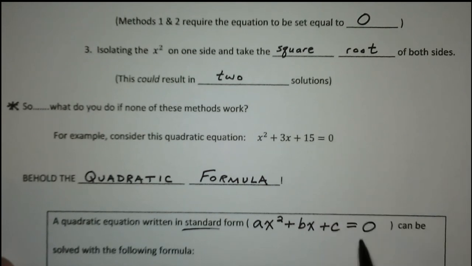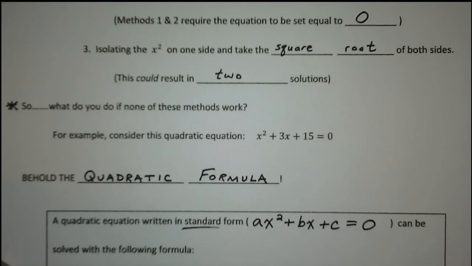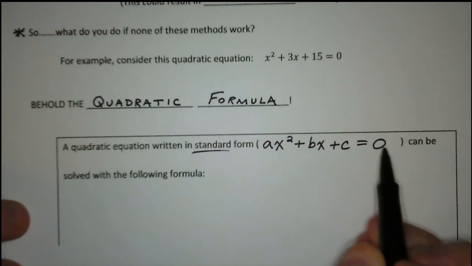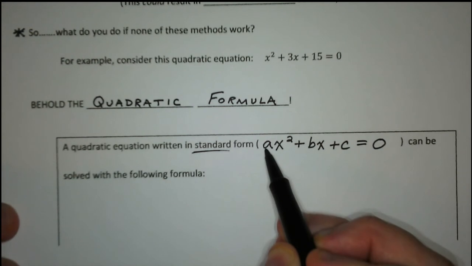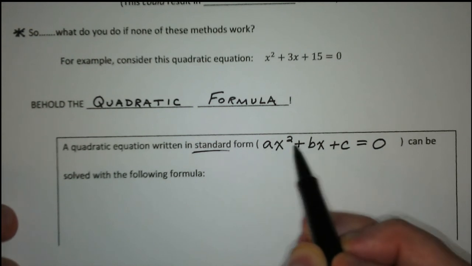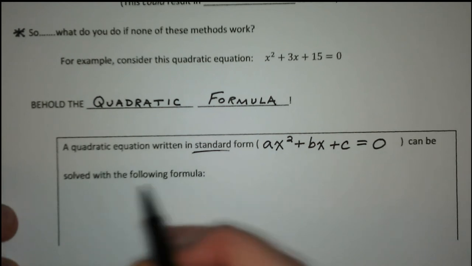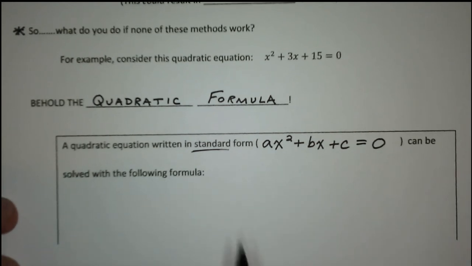It's equal to 0. That's essentially what standard form of a quadratic equation is. As long as the equation is in that form with a certain a value, b value, and c value, we can solve it with this formula.